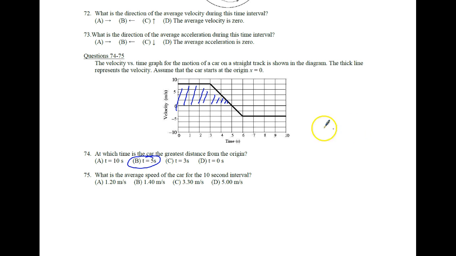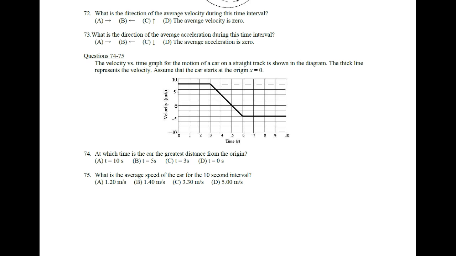The total distance is the area under the line, and the area below the t-axis is still considered positive. So for this one, you're going to end up with an average speed of about 5 meters per second. And that is how you do number 75.